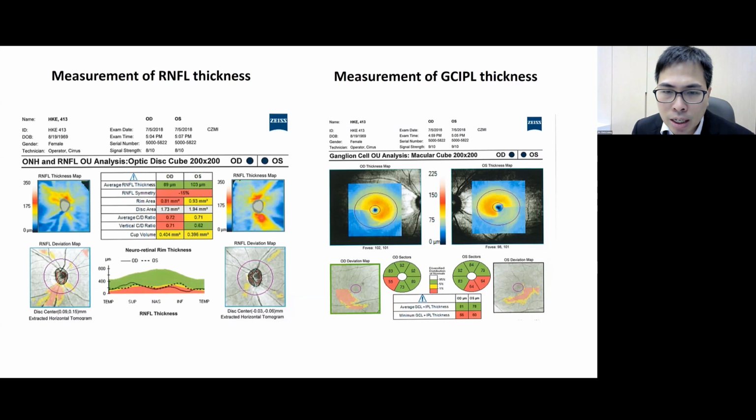In other words, you have a better chance to detect abnormality of the macula because the damage expands away from the optic disc.